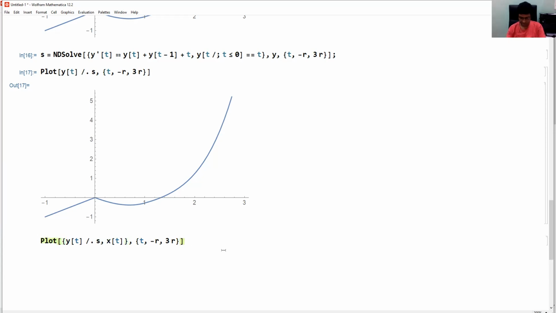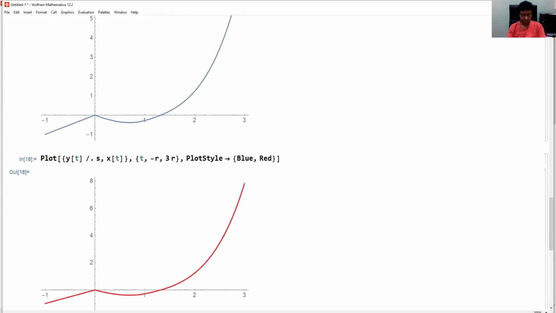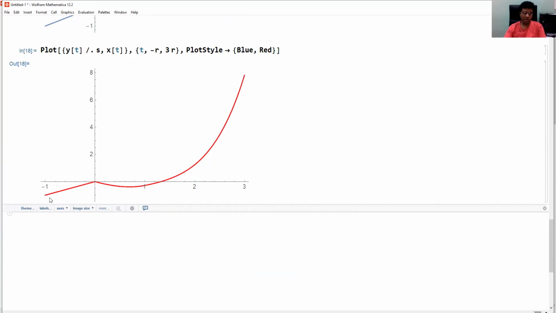We may assign different colors using the option plot style, say blue, red. Okay, actually both are matching, so we cannot see two different colors.